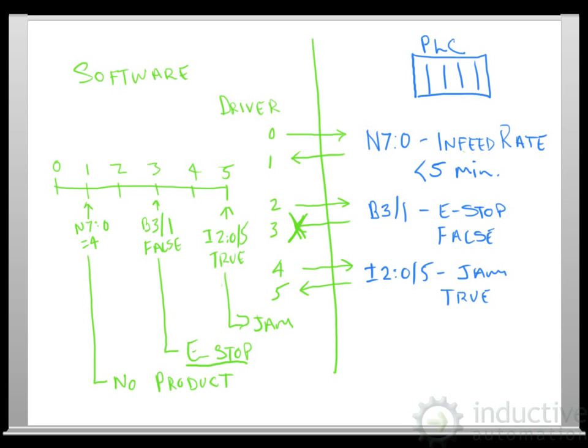So just kind of summarizing, this method tends to be inaccurate, but the good side of it is you have no logic that you have to put in the PLC. So some people really like the fact that you have no logic, but you do have an issue with the inaccuracy.